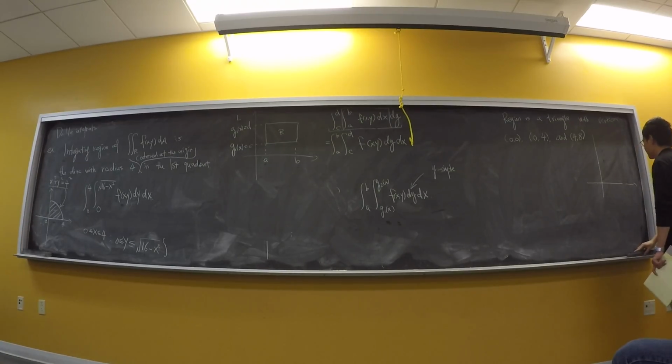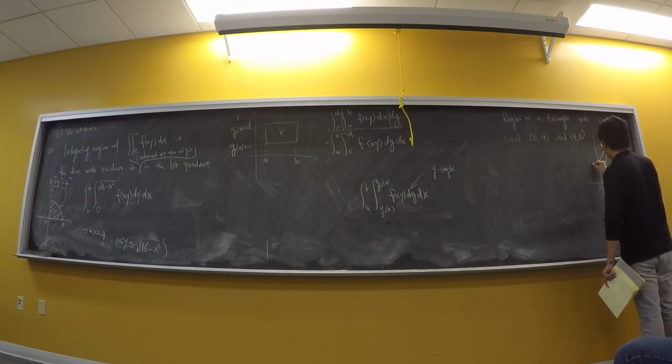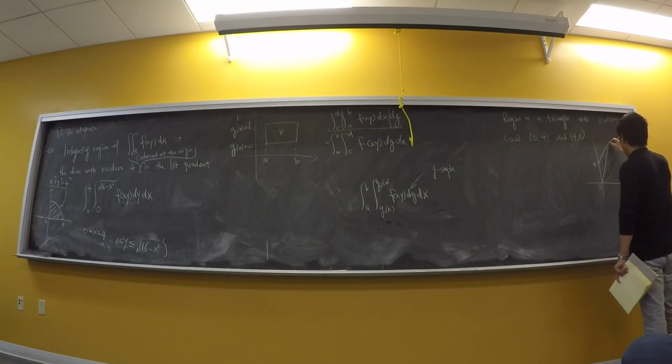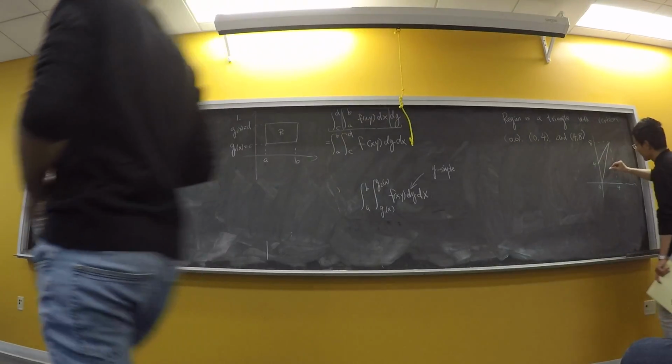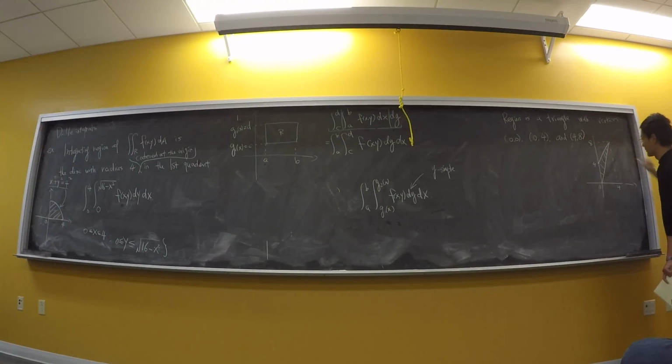That's 4. So this is the one. So 0, 4, and this is 4, this is 8. So the triangle is right here. Okay? The triangle is right here.